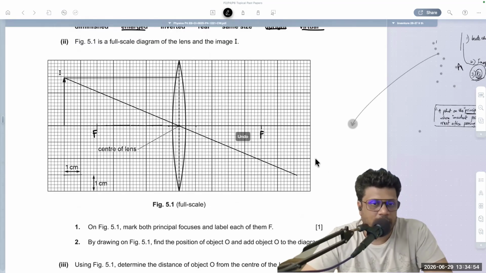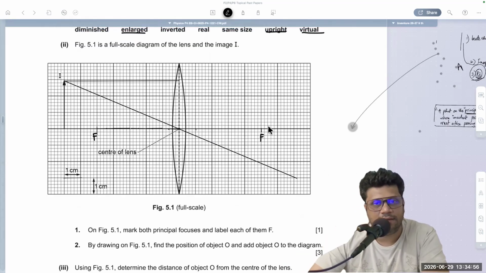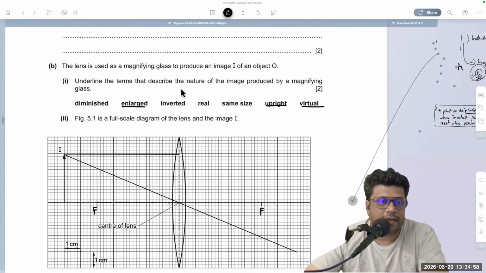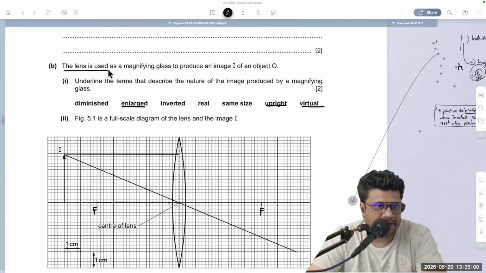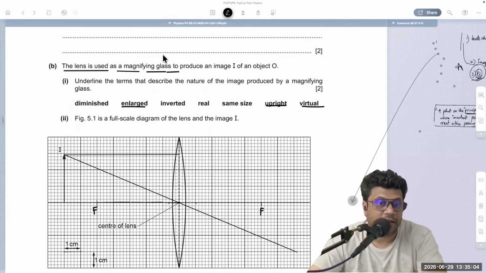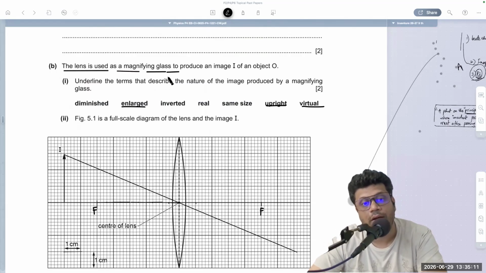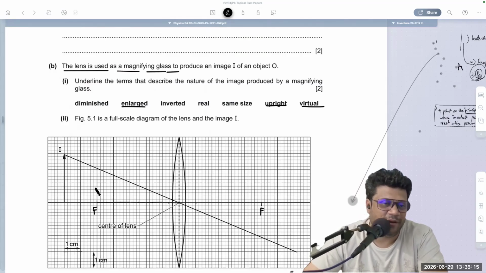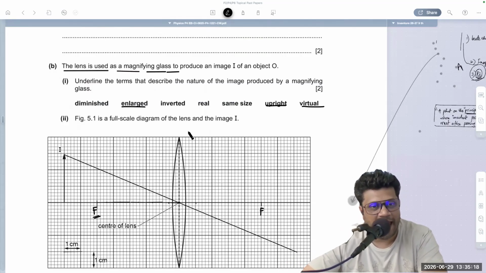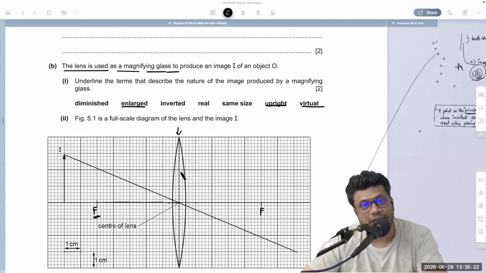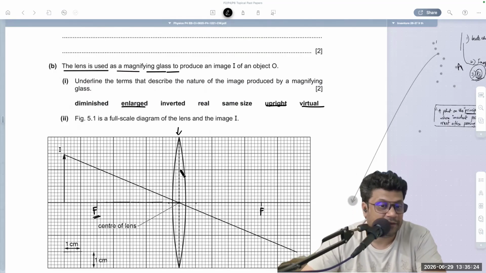Now, there is a concern here. They say that the lens is used as a magnifying glass. There is something about images created by magnifying glasses that you should know. The object is supposed to be between the focus and the lens for the lens to be used as a magnifying glass.